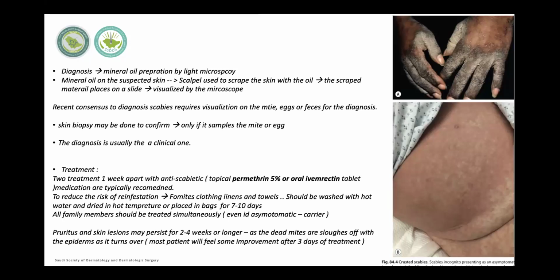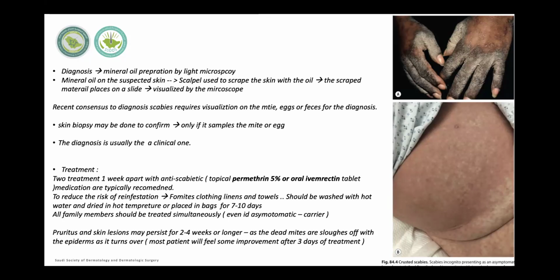The treatment usually is not easy. Basically, you will have to use the treatment twice for classical cases, day 1 and then day 7 or 8, after 1 week. There are 2 important medications, topical permethrin or oral ivermectin.